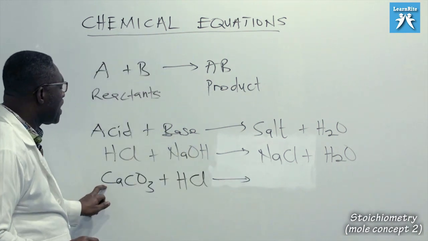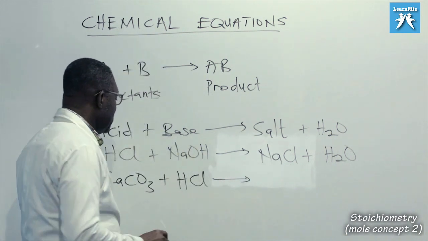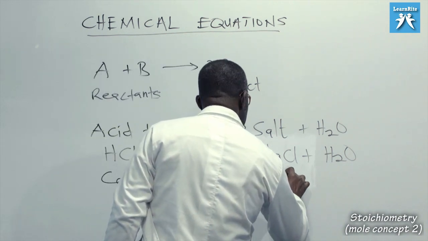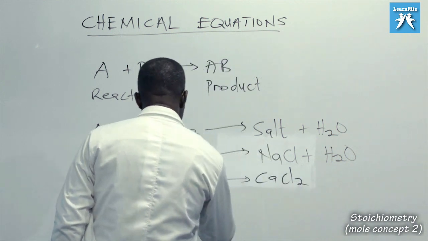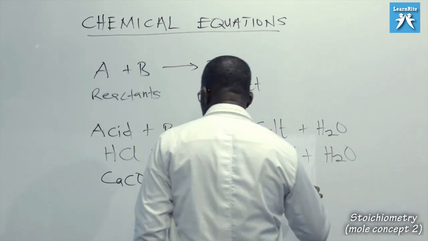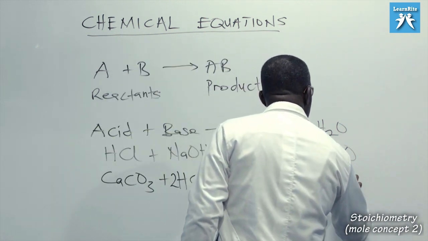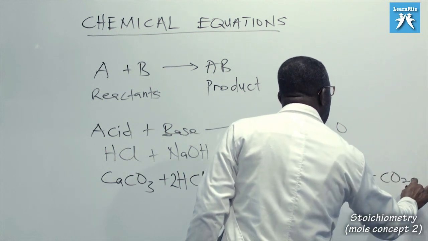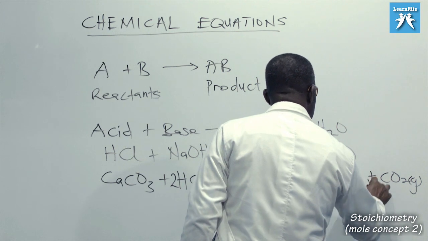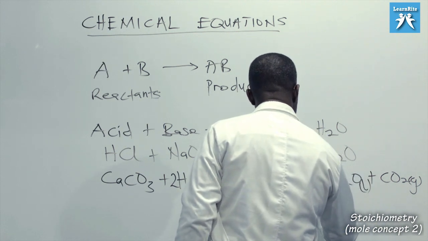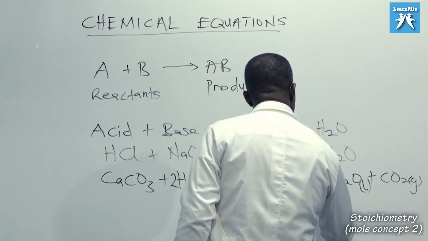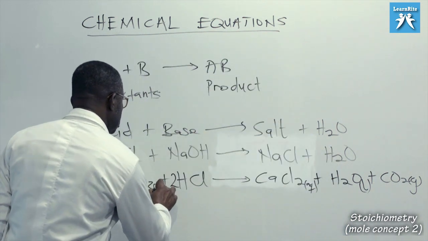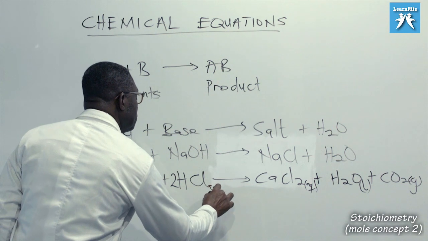Now when you add calcium carbonate to HCl, you are going to get calcium chloride plus water plus carbon dioxide. This is solid. This is aqueous.